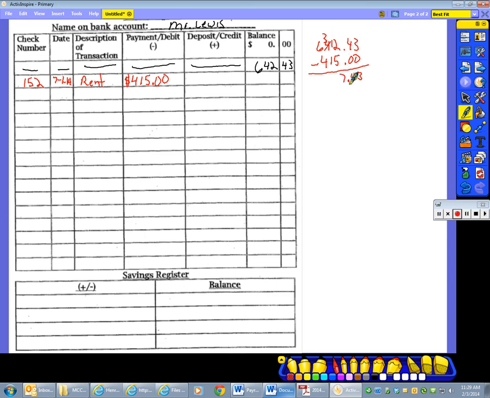Don't forget to bring down your decimal. 3 minus 1 is 2, and 6 minus 4 is 2. Okay, so that used up a lot of my money. So now my balance is $227.43.